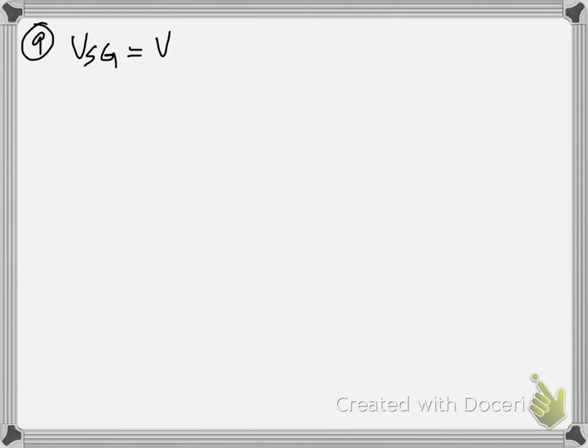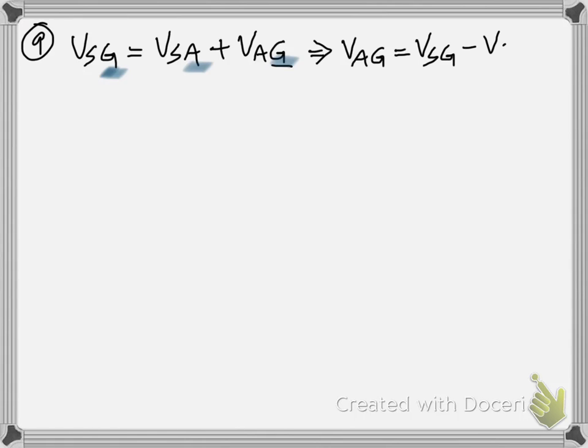So when you say VSG, you're saying it's the velocity of the seagull compared to the ground. It will be the velocity of the seagull with respect to air plus the velocity of air with respect to the ground. To get the velocity of air, you just have to take it to the other side, and it becomes negative.